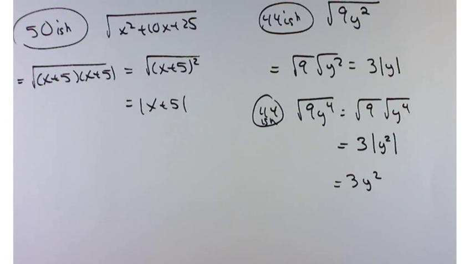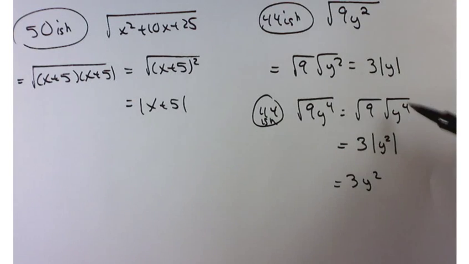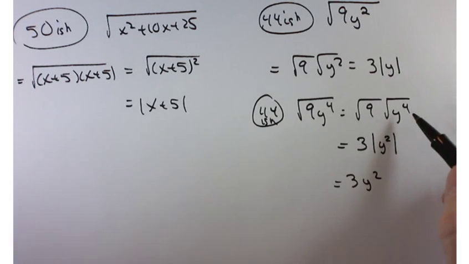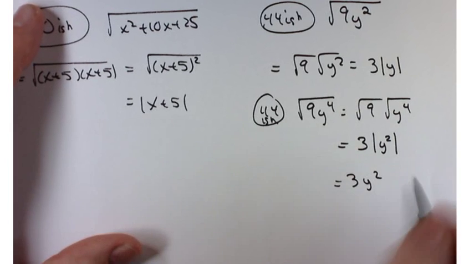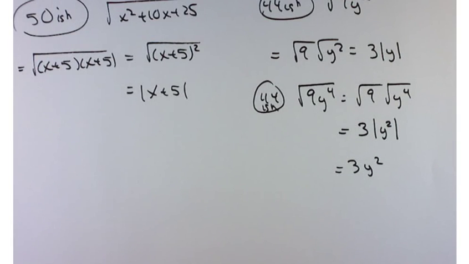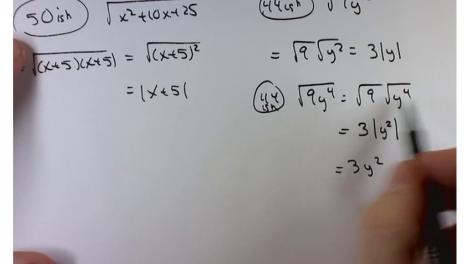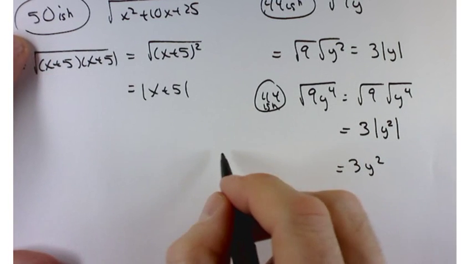Yes? Well, you're looking for what you square to get this. So essentially what you're going to do is ask yourself, what do I multiply by itself to get y to the fourth? In Math 1150, we'll learn a little bit more about why this happens, but let's look at it this way.